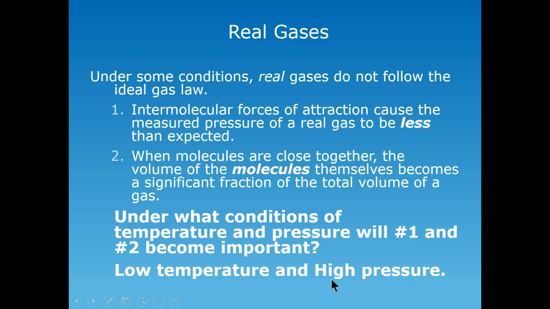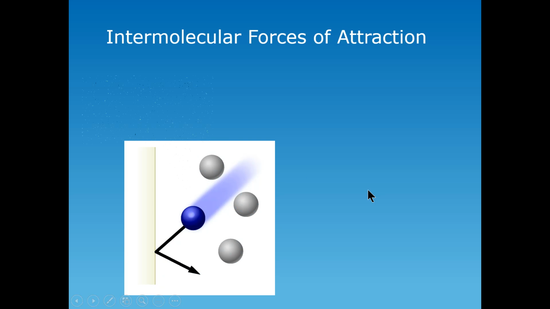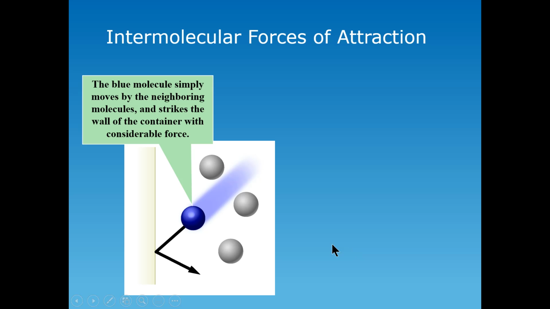Under these conditions, the gas will behave more like a real gas and not like an ideal gas. In other words, if you want the real gas to behave more like an ideal gas, you need conditions of high temperature and low pressure, and under those conditions, the real gases will behave like ideal gases.